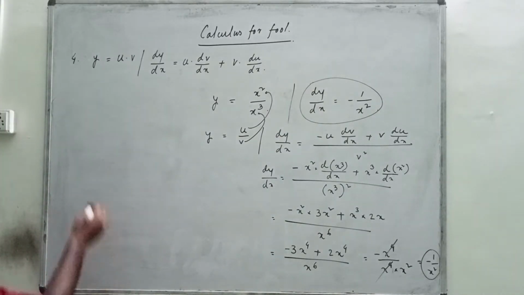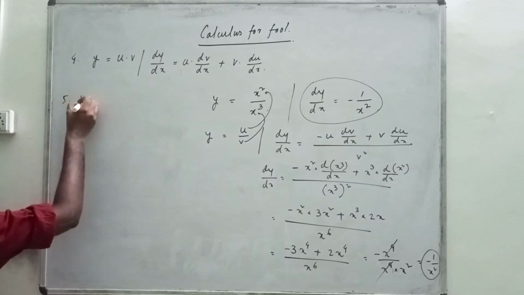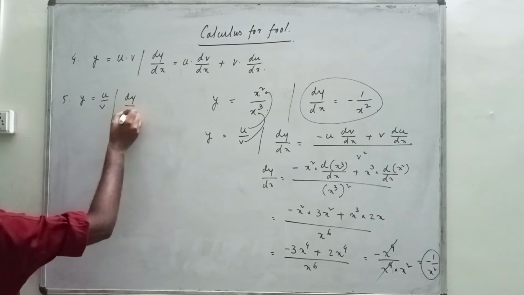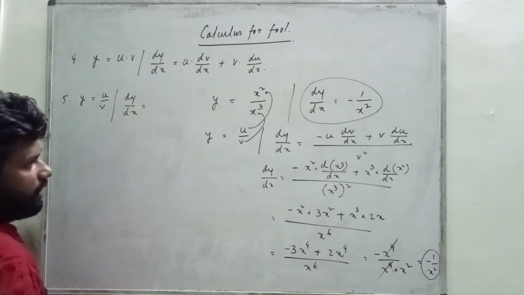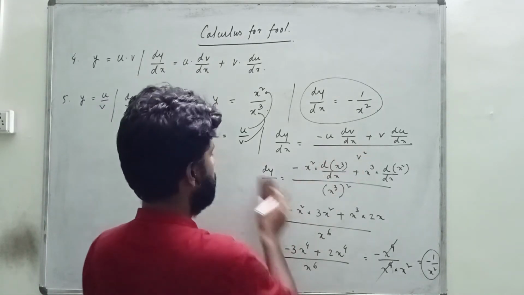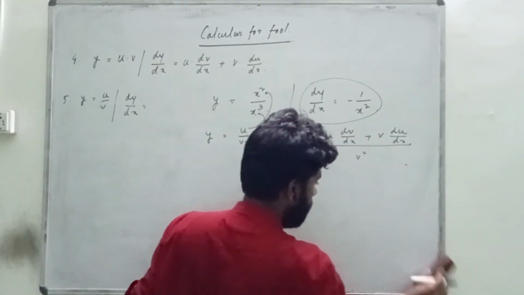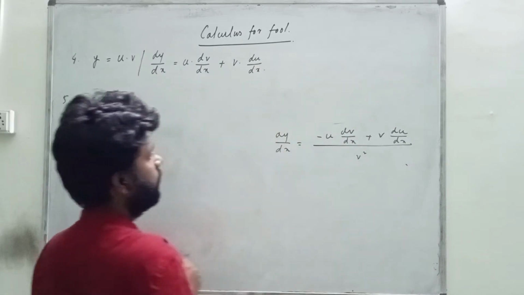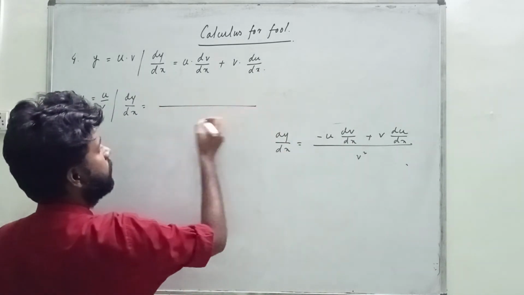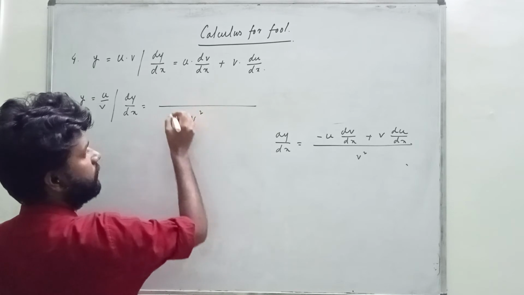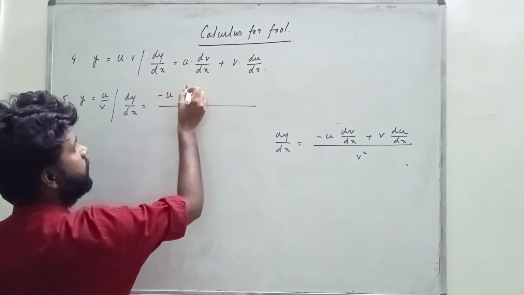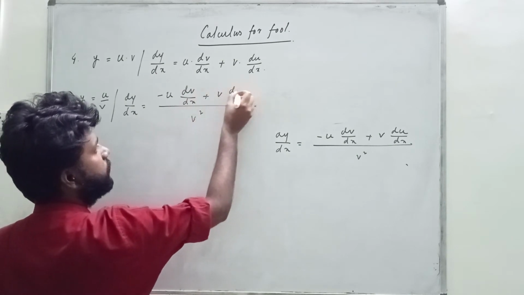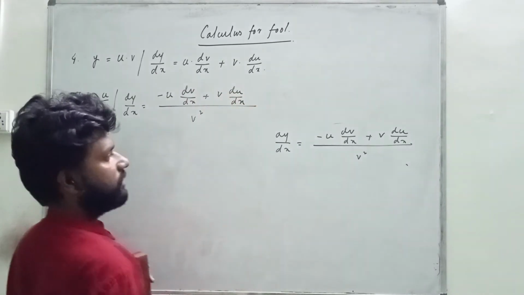Okay. So now, if y equals u over v, then dy dx goes to our crucial findings. It is v squared in the denominator, and the numerator here is minus u dv dx plus v du over dx, right?